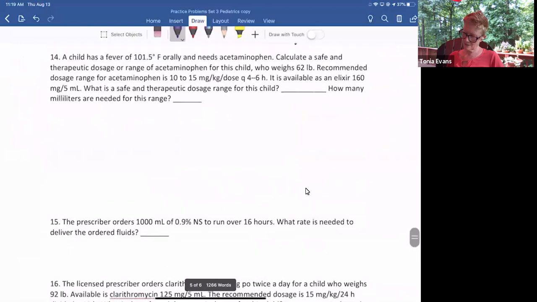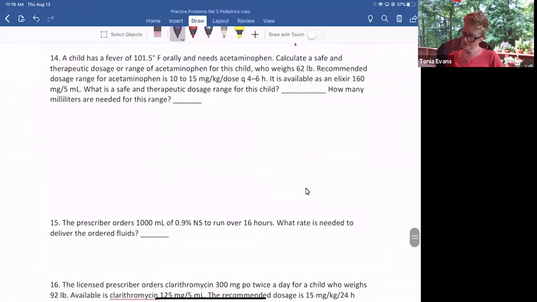So, all right. So our child has a fever, needs acetaminophen. There's our dose range. There's our availability. What's a safe and therapeutic dose range? So minimum milligram per dose.